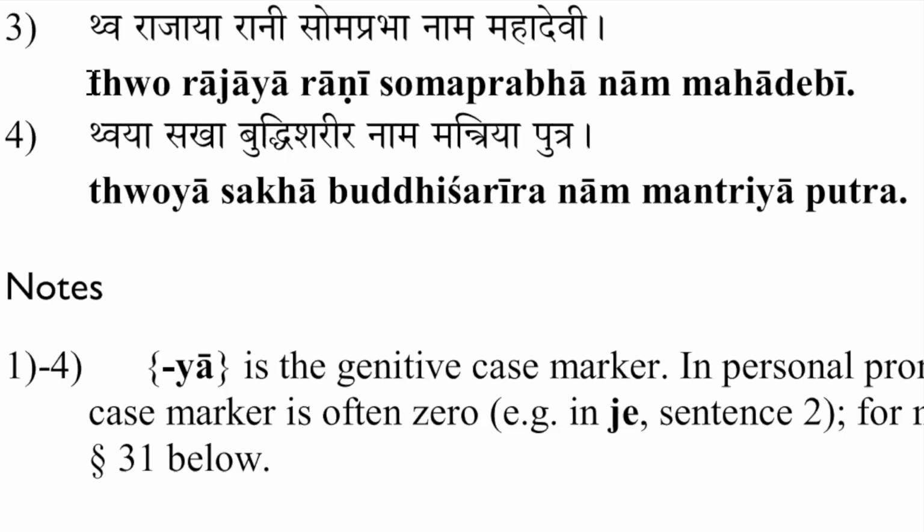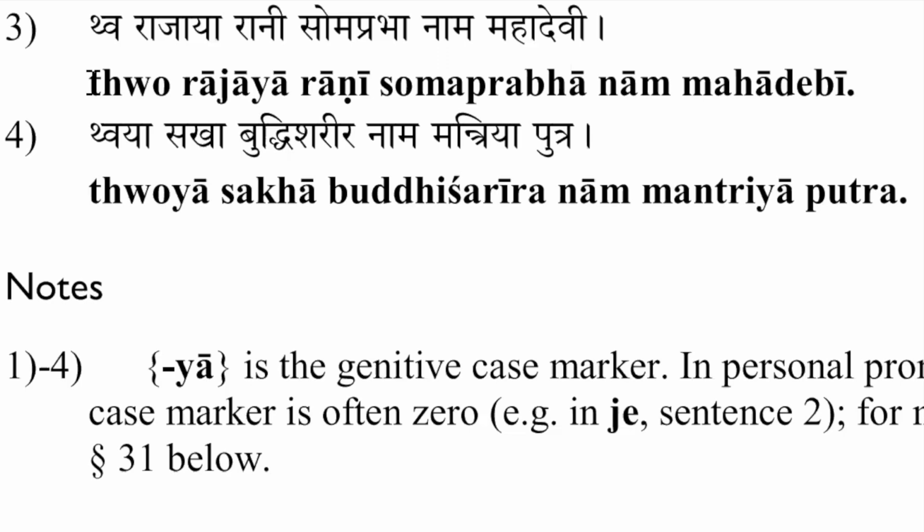Toraja is this king. Torajaya means of this king. Yes, exactly. Rani should be Rajni. Raja Rani. So Raja is the king. Rani is the queen of this king.